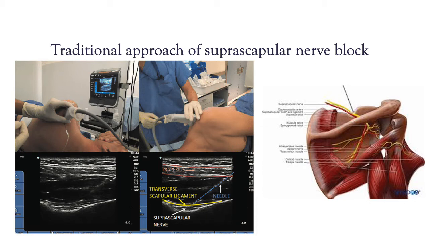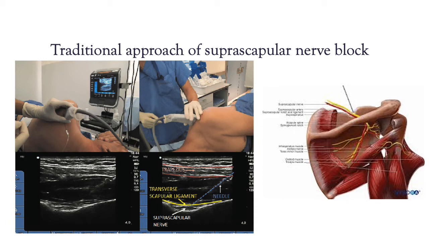What you need is to identify a tiny line above this suprascapular groove or lodge, and this is called the transverse scapular ligament. Underneath it, you will appreciate some pulsation, which is the suprascapular artery, and the nerve usually lies adjacent to it.